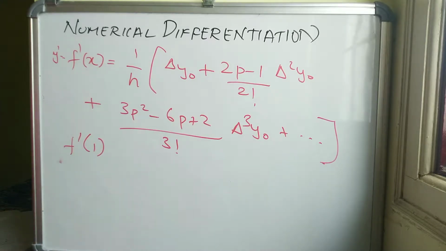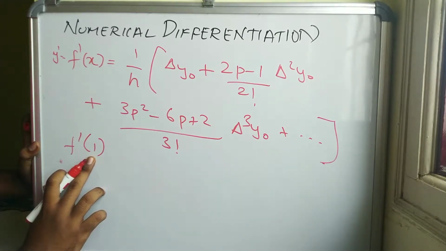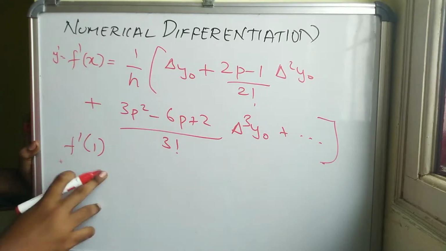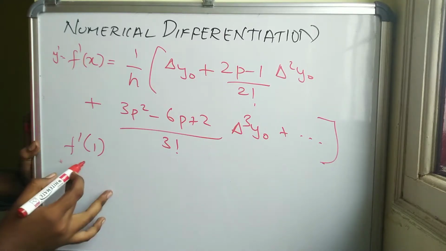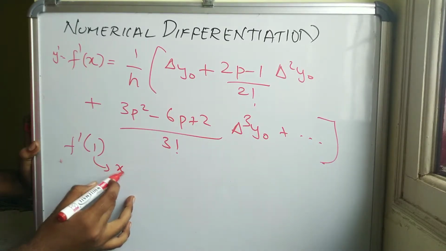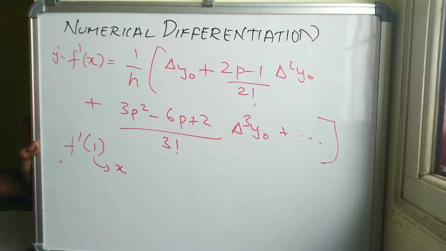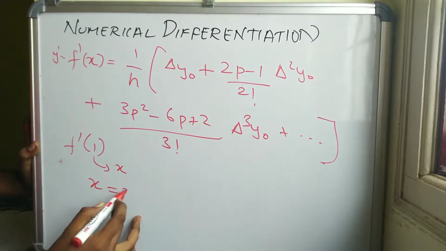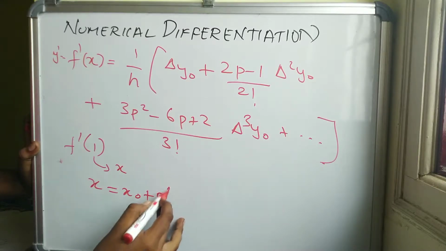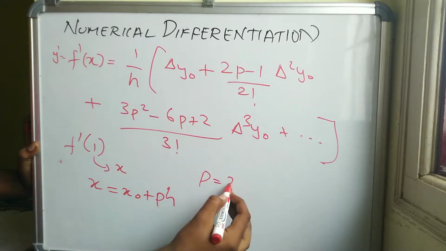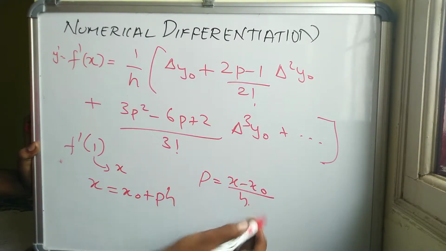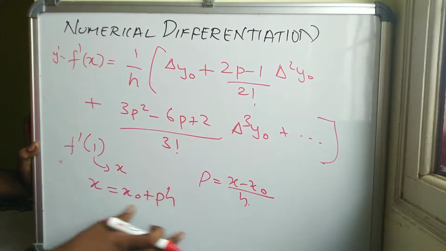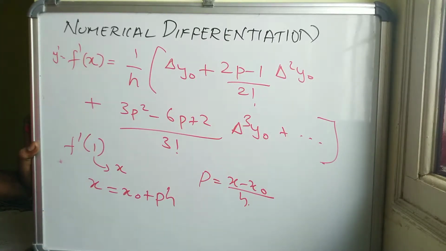You know that the function of x is y, so x equals 1. We know p is equal to (x minus x naught) by h. Just interchange these values and you will get x is equal to x naught plus ph.